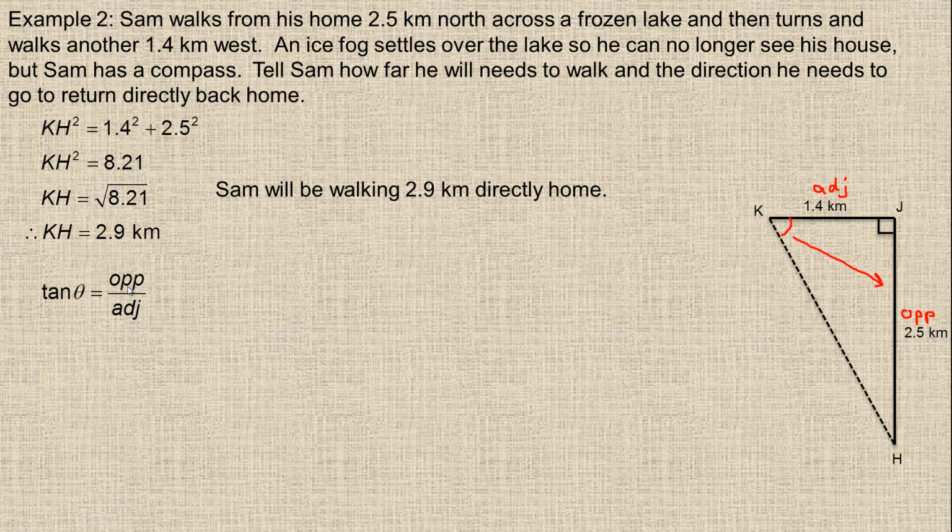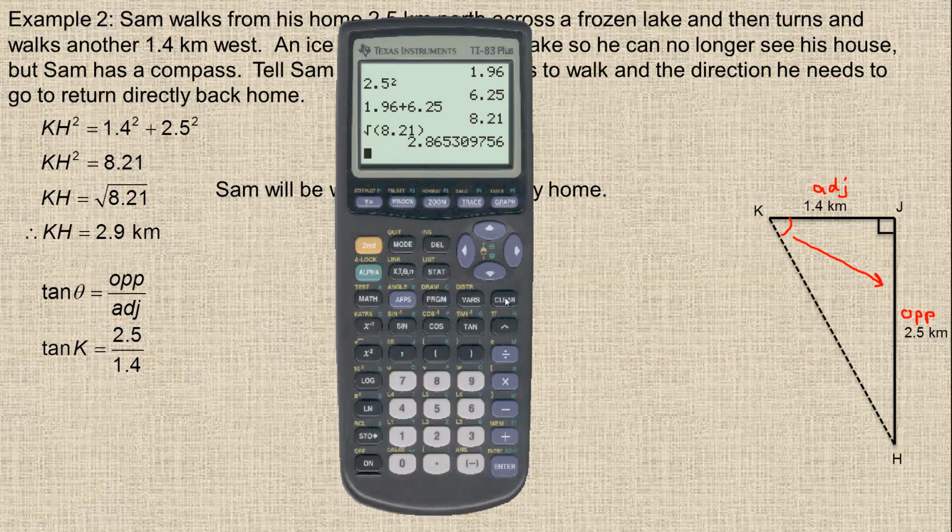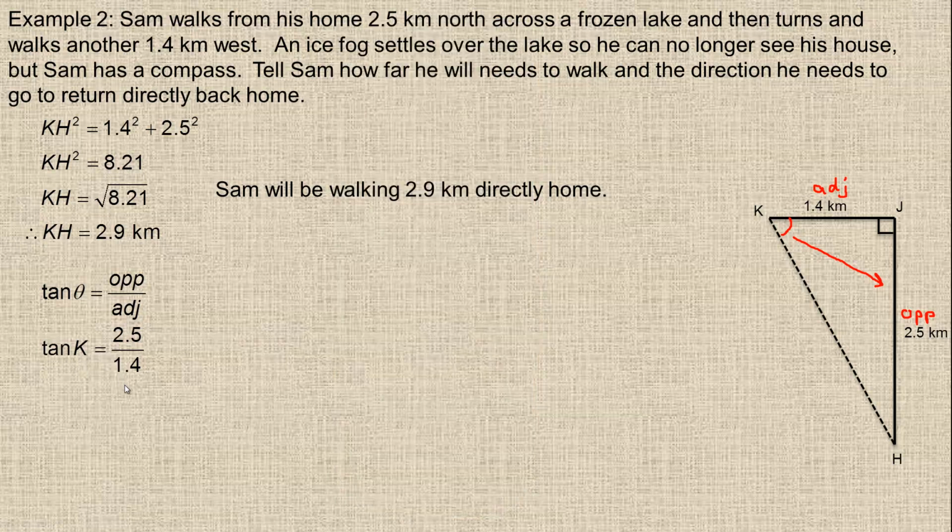And of course it's K we're finding, so it's tan of K. The opposite is the 2.5, and the adjacent is the 1.4 sides. Let's bring the calculator back again, and we'll want to divide 2.5 by the 1.4. So that's what tan K will equal.